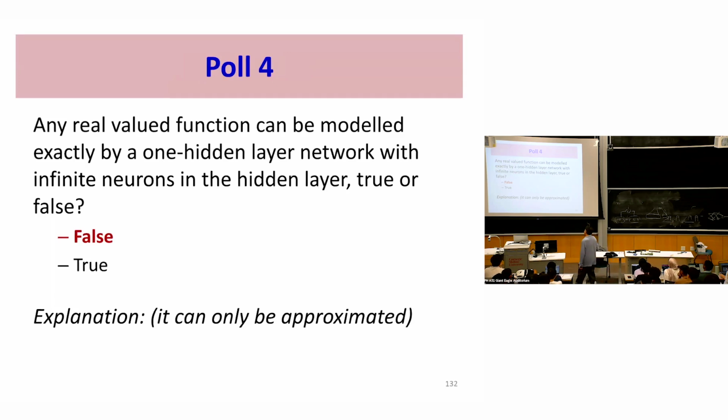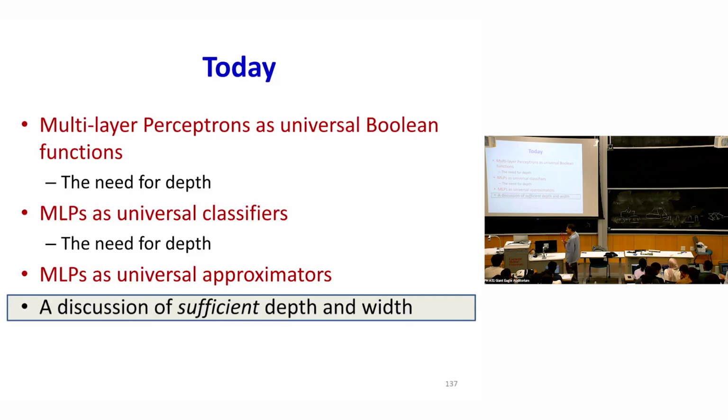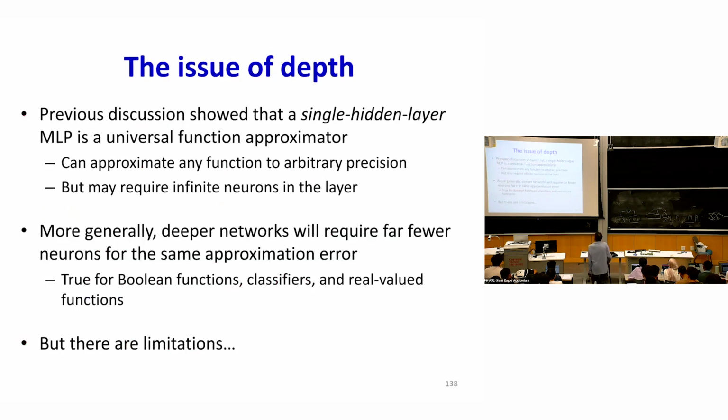Now, let's look at this last topic, the notion of sufficient width and sufficient depth, and how activation functions interact with this notion of sufficiency of width and depth. So in the previous discussion, we've shown that a single hidden layer MLP is a universal function approximator.